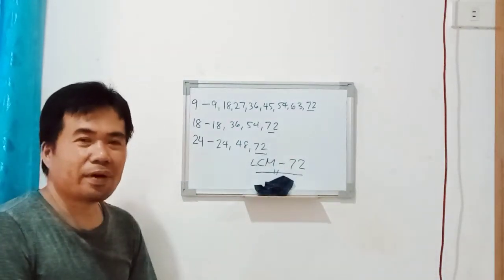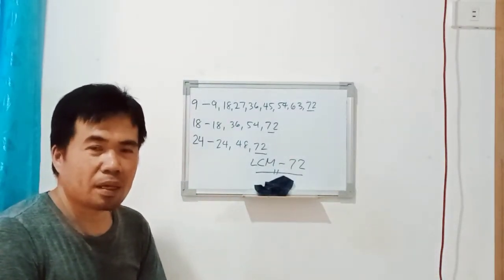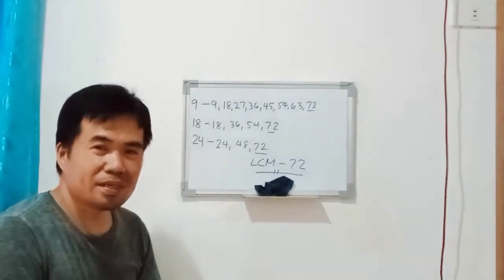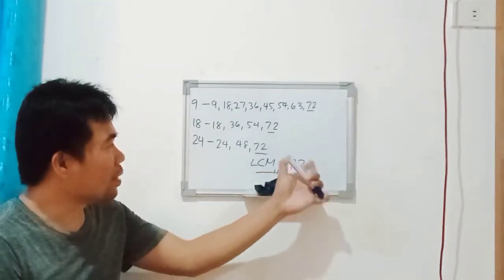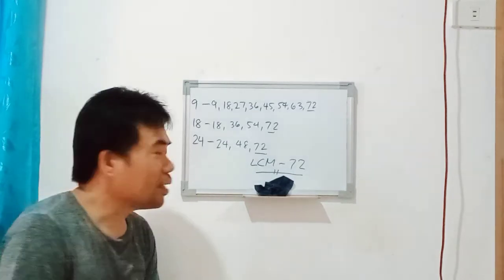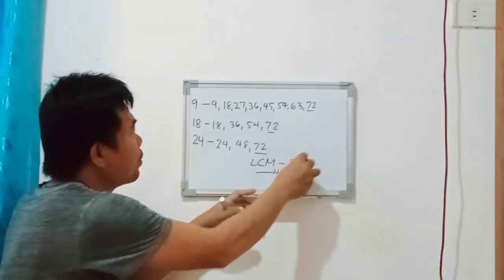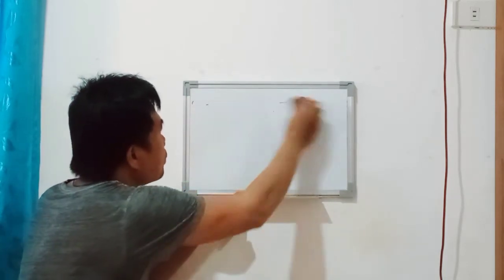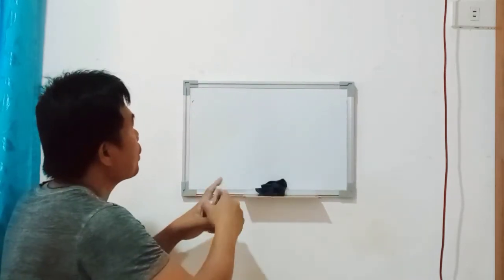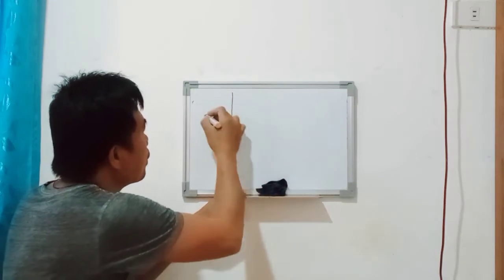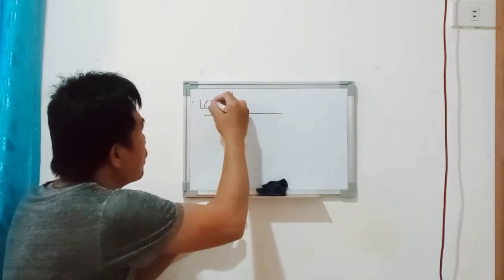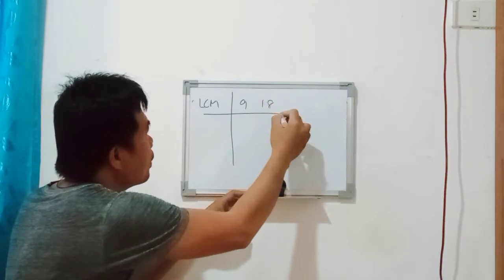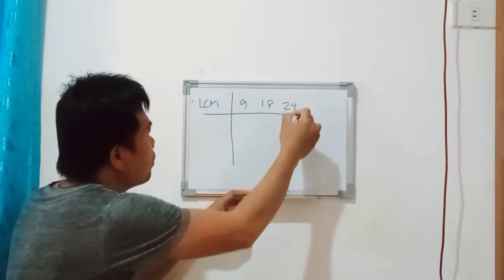So another way of finding the LCM is through prime factoring. We're using the same numbers to see if they have the same answer, 72. Let's try prime factoring. 9, 18, 24.